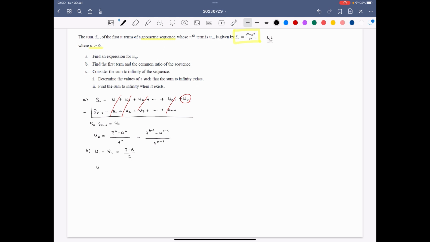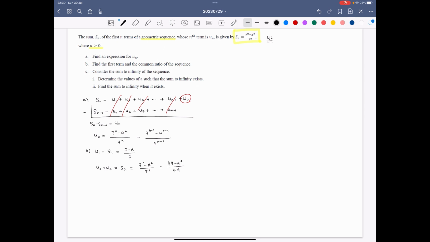And then you have u1 plus u2, which is s2. And then you have 7 squared minus a squared over 7 squared. So that would be 49 minus a squared over 49. But bear in mind that this is u1 plus u2.